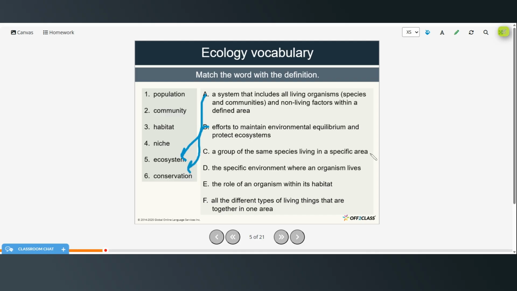A group of the same species living in a specific area, that's a population. The specific environment where an organism lives is its habitat. The role of an organism within its habitat is niche. And all the different types of living things that are together in one area is a community.